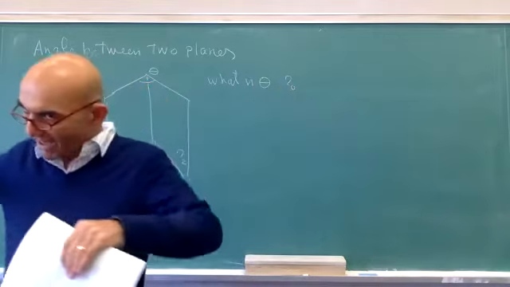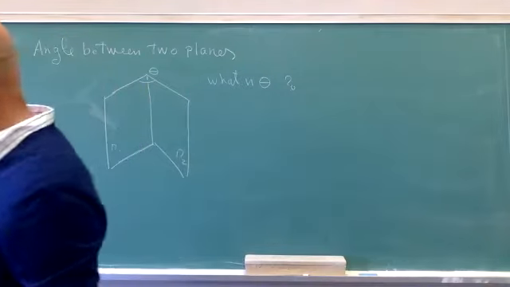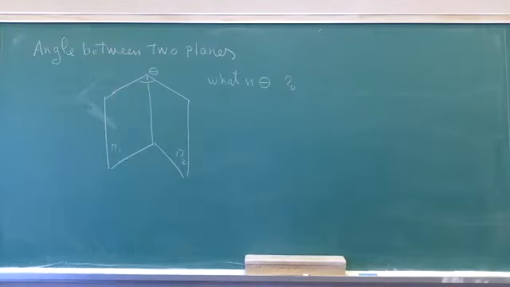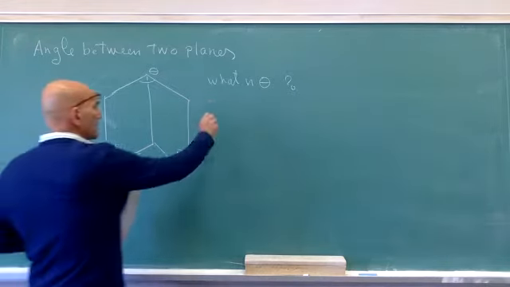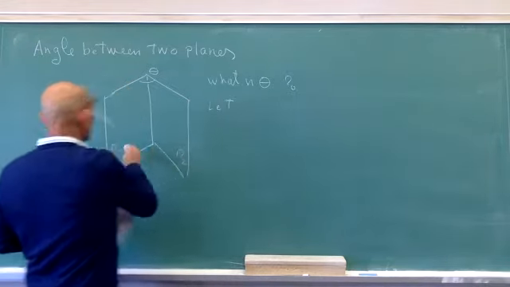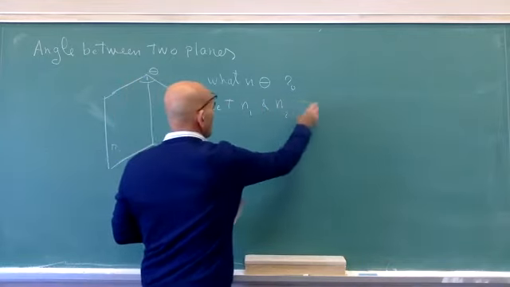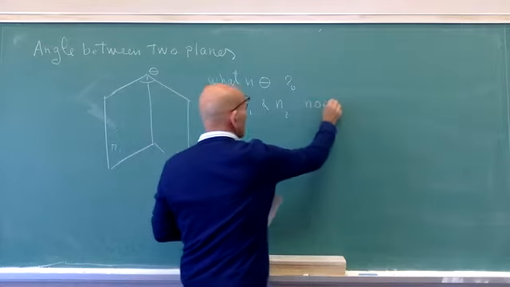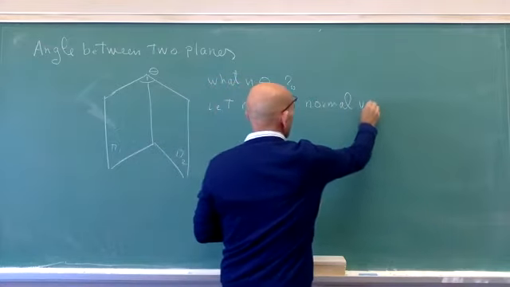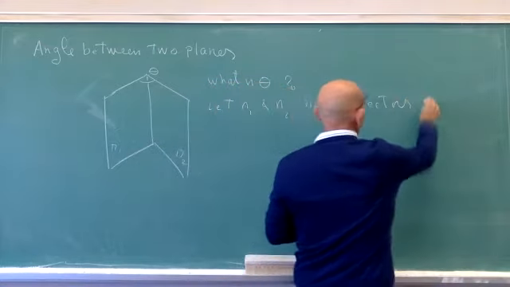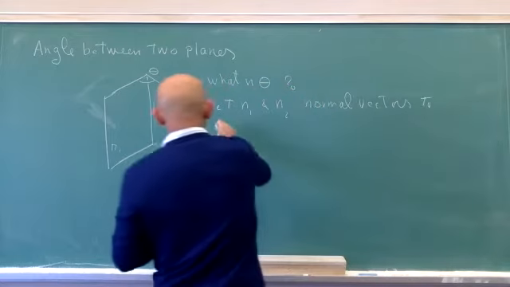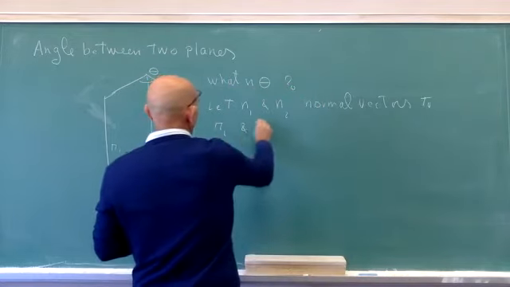So we want to find the angle between two planes. These two planes come with, of course, normal vectors. This is given to us, imagine. So let N1 and N2 be normal vectors to pi 1 and pi 2.